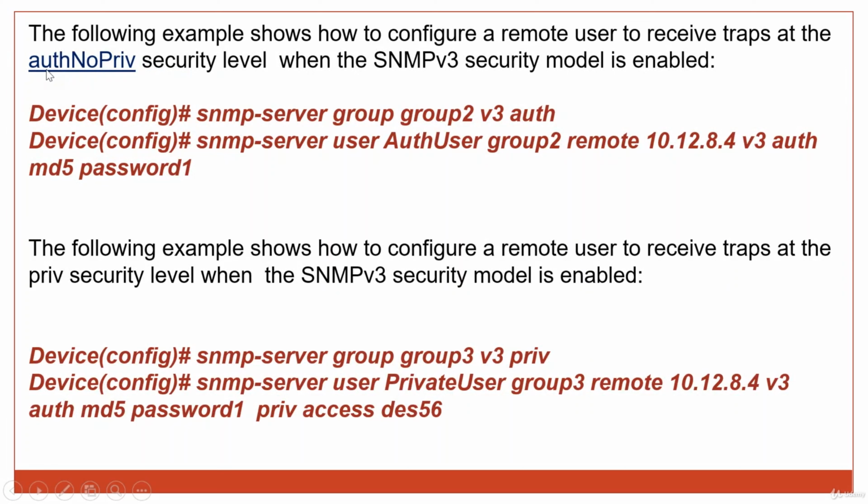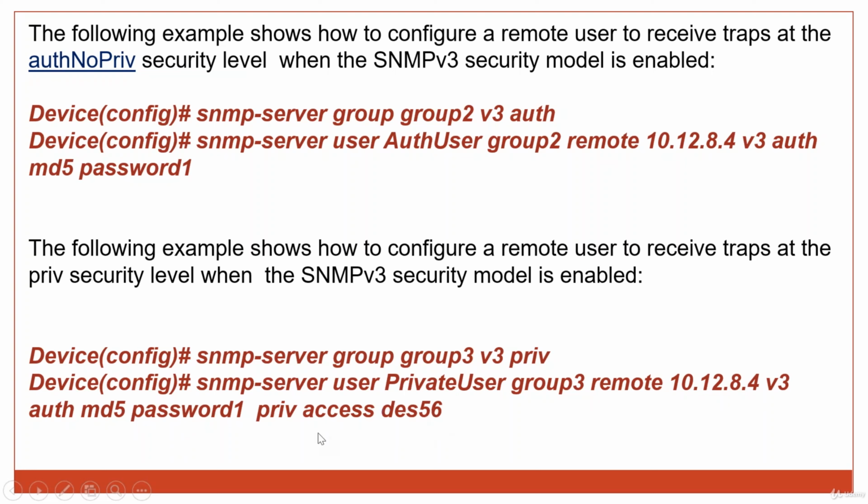Again, if we have a case related to authentication with no priv, we can define the group with auth, and then auth user group remote version 3 auth MD5 password. Correct? Now again, if you have a use case where you want to give the priv security, we can define one group with the priv, and now I have the private user with group 3 with this remote location version 3, and again we have the authentication and the priv access.